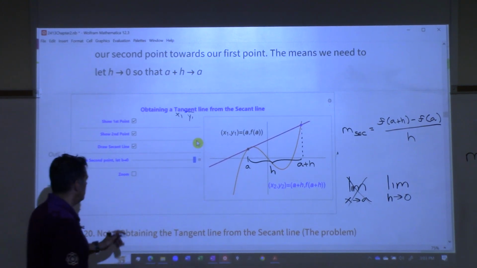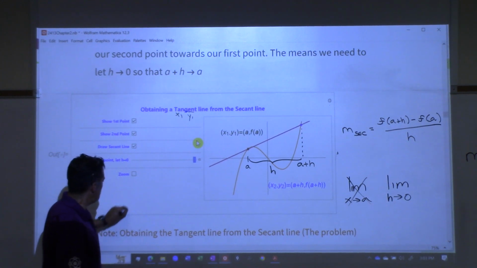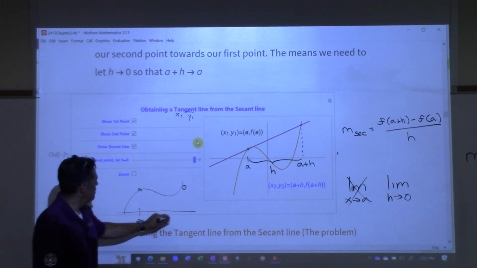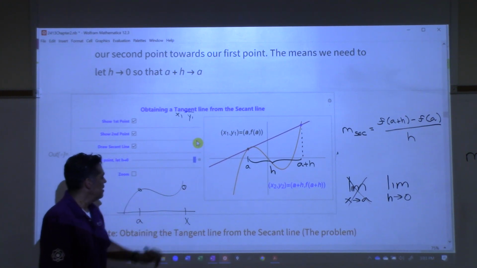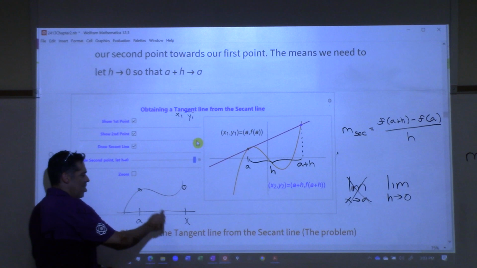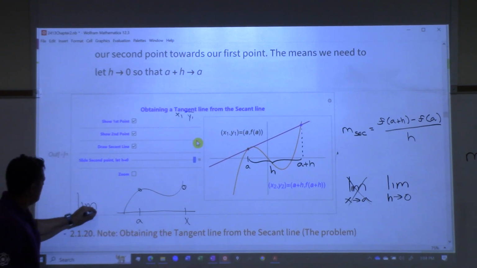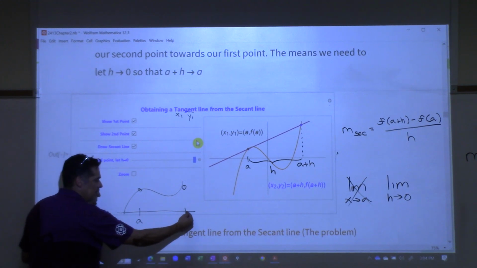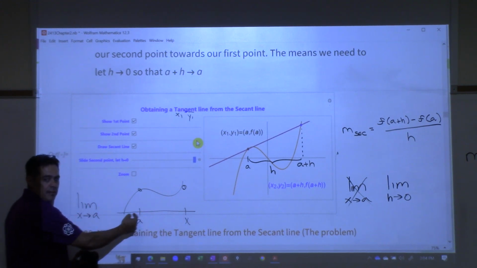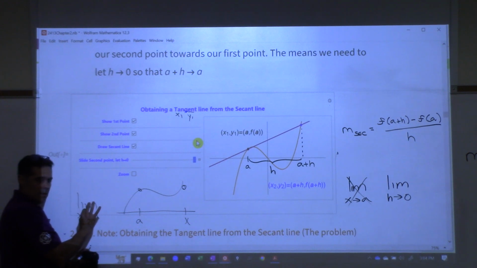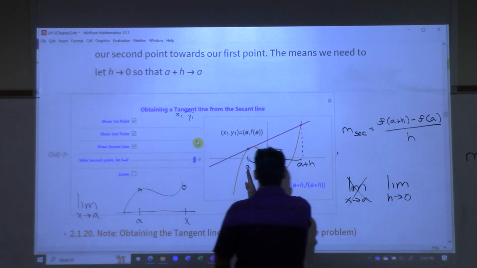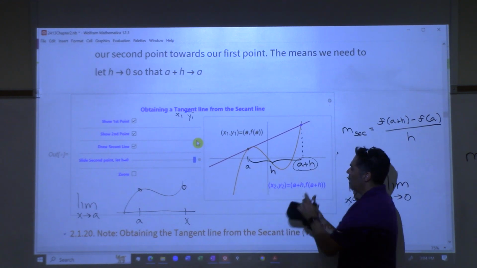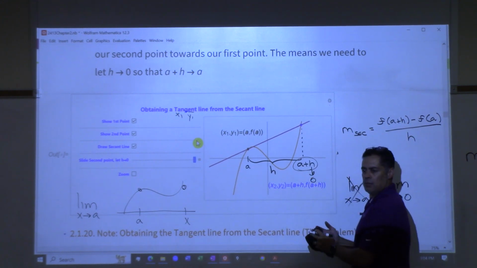Okay, so you kind of have to look at the old picture. The old picture, this was A, right? And this point right here was X. And so to move this point over here, all I had to do is set up a limit and let X go to A. And I think, at least nobody complained, that idea just slides this X over towards this A. Here, if I'm calling this A and this A plus H, the only way to make this A plus H slide that way is to make this number get smaller.